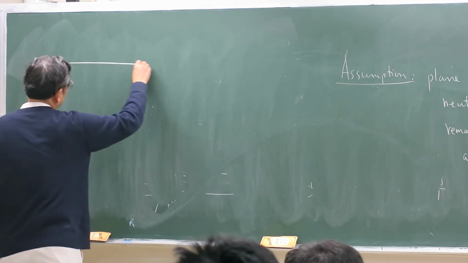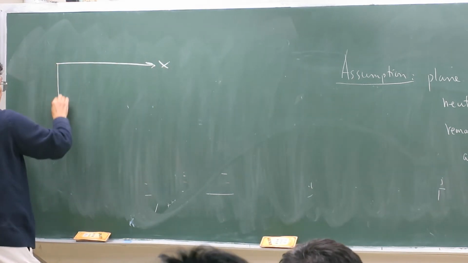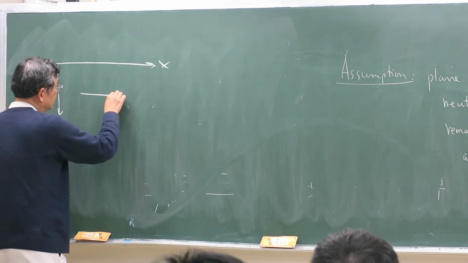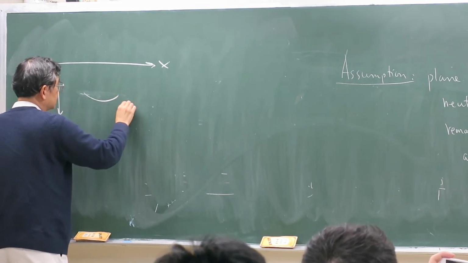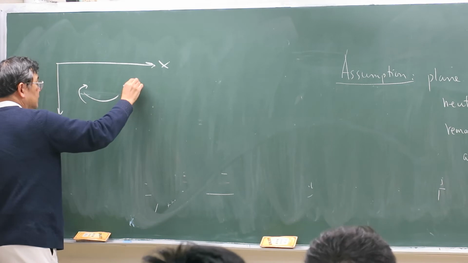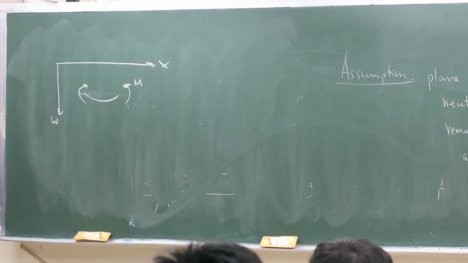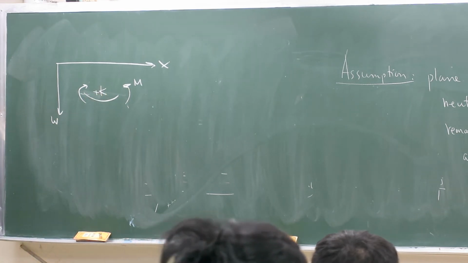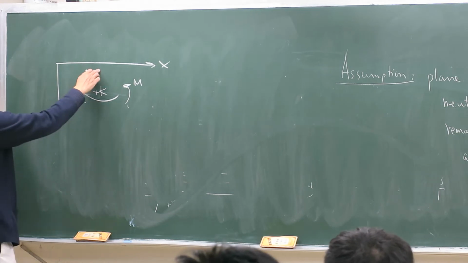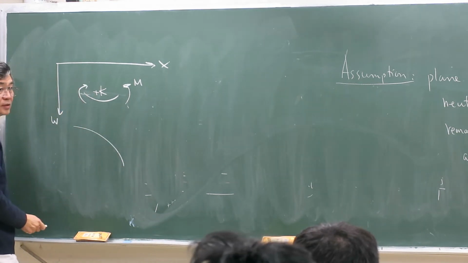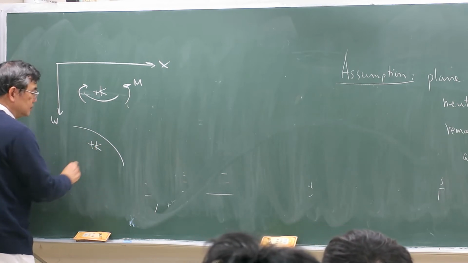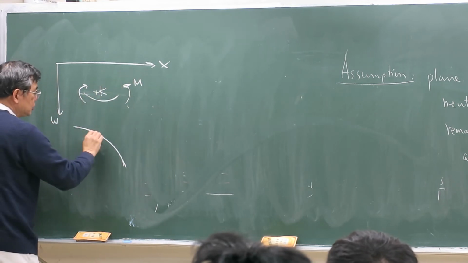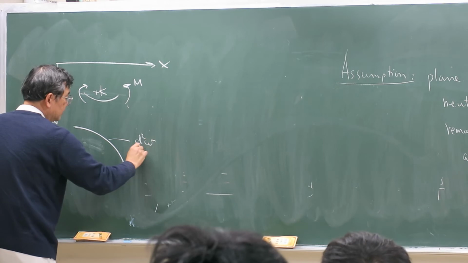For example, in our system, like x and w like this, and our bending moment like this, our positive bending moment is like this, and we define this shape as positive curvature. But in this coordinate system, this shape represents d²w/dx².